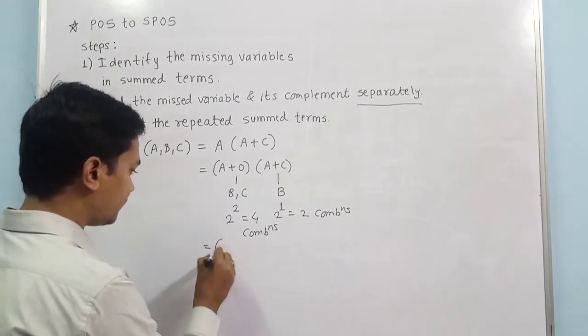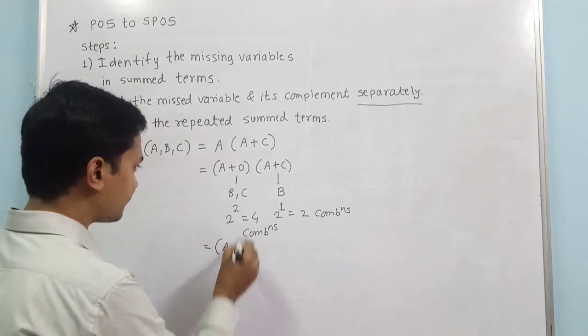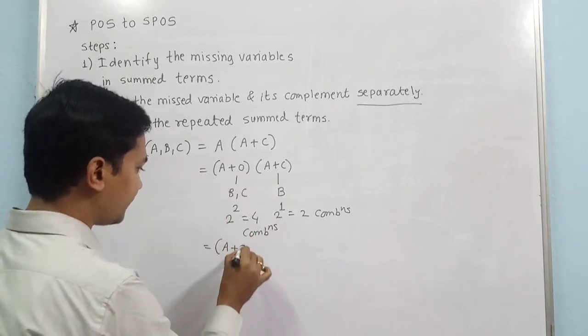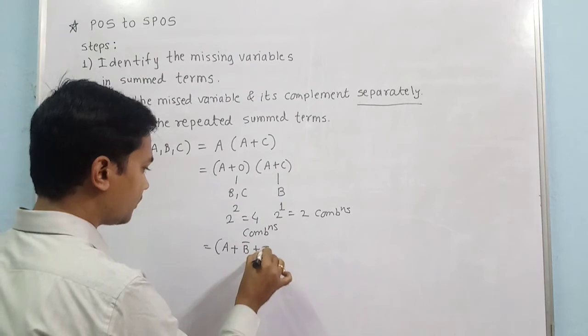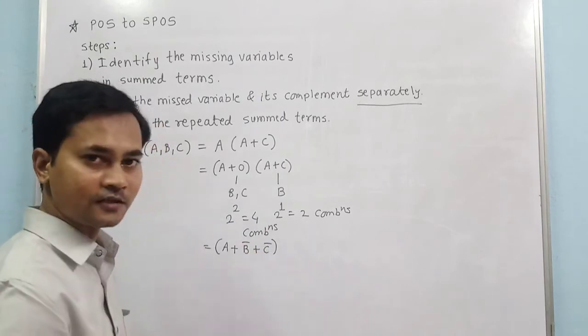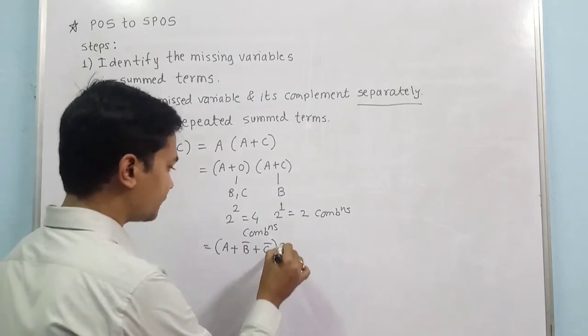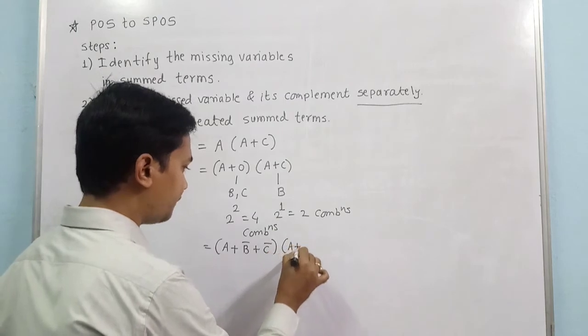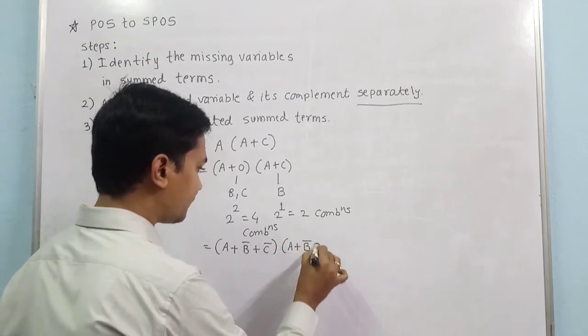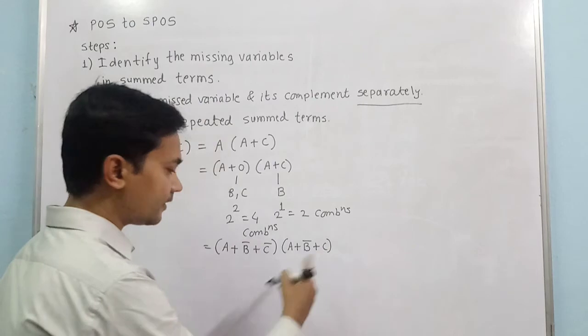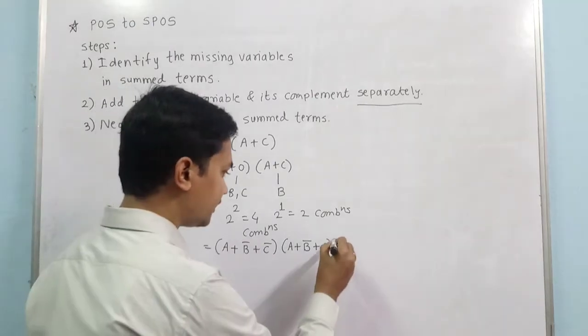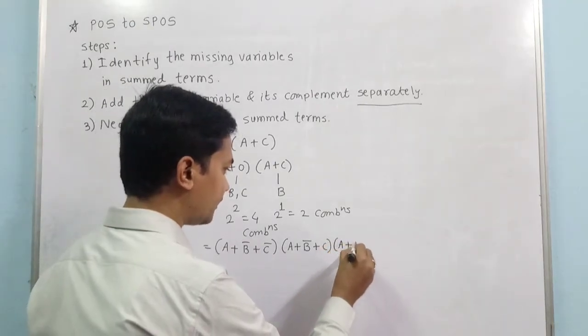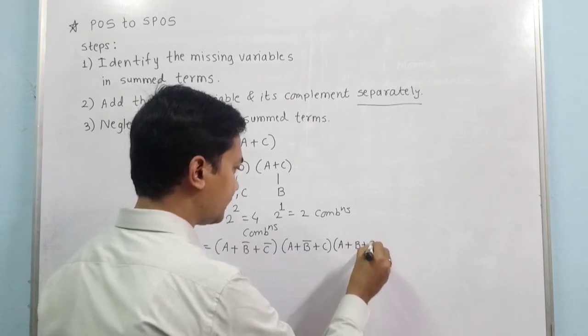So the first combination is A plus B bar plus C bar. The second combination is A plus B bar plus C. The third combination is A plus B plus C bar.